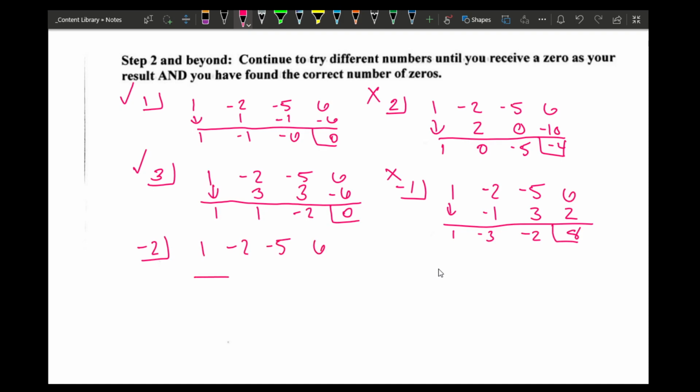I think you can see why I'm using synthetic division instead of solving it algebraically every time. Negative 2 times 1 is negative 2. And we get a negative 4. Negative 2 times negative 4 is negative 8. I'm sorry, positive 8.